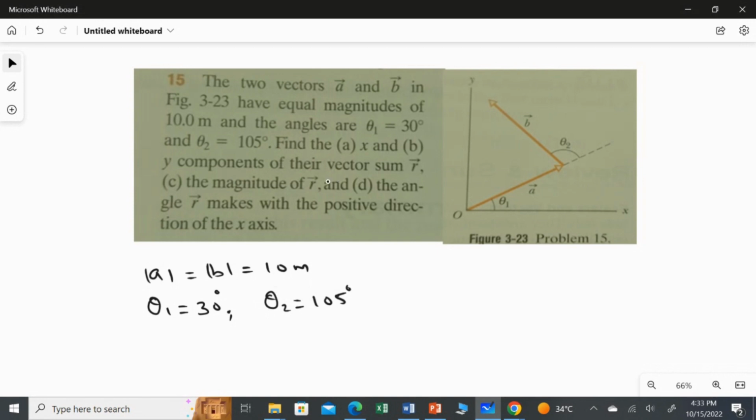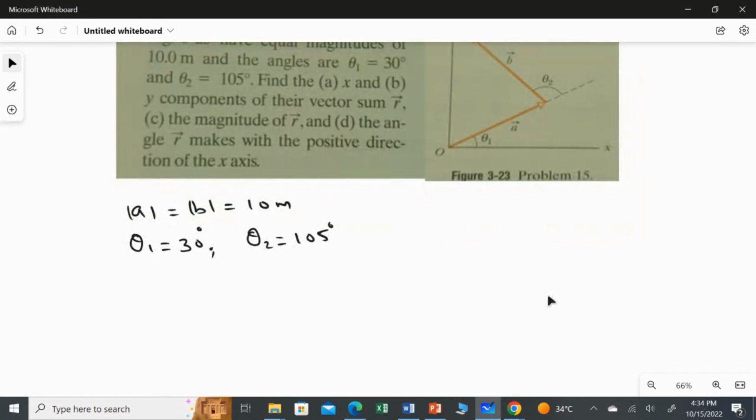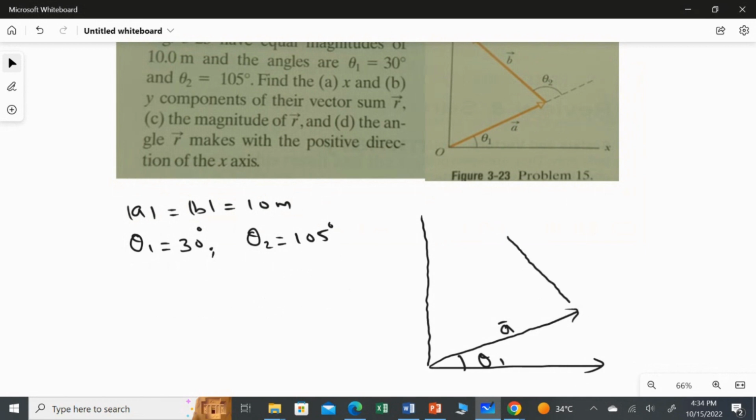So before we go to the solution, we have to find what is the resultant vector by using this figure. So if you redraw this figure, you have y-axis, you have x-axis, and with reference to the x-axis, as they mentioned in the picture, this is your A vector, am I right? So the A vector is projecting based on the angle theta 1, and then the second vector you have B vector.